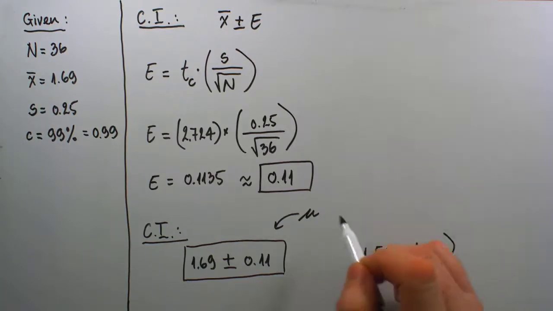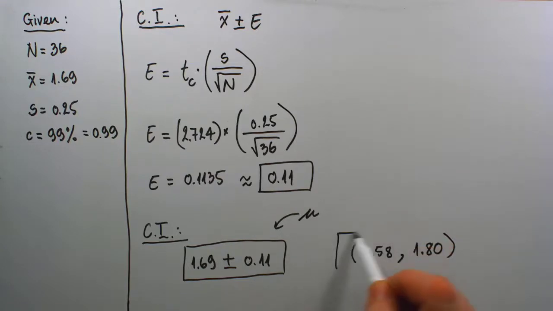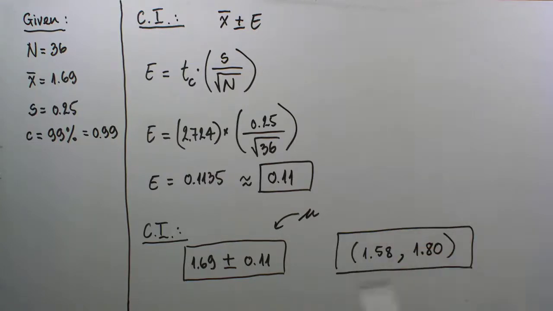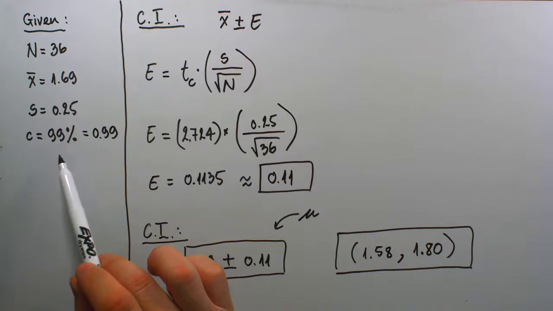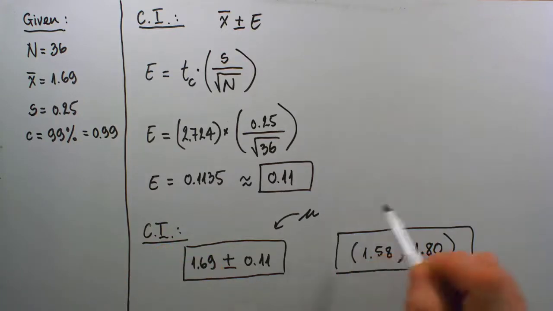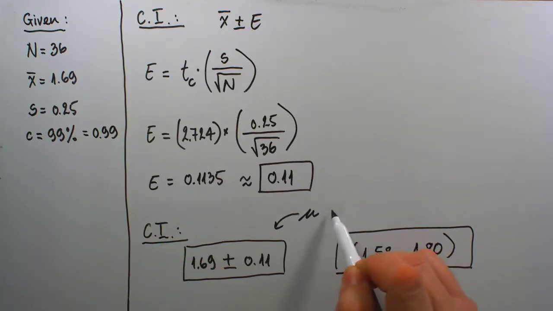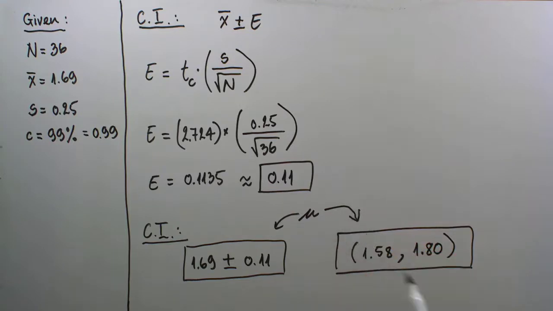So another way of saying that we're successful or confident at 99%, or guaranteed at a 99% success level, is that our national mean gas price on June 1st, 2020 is estimated to be anywhere inside of this interval, where the low end is $1.58 and the high end is $1.80.